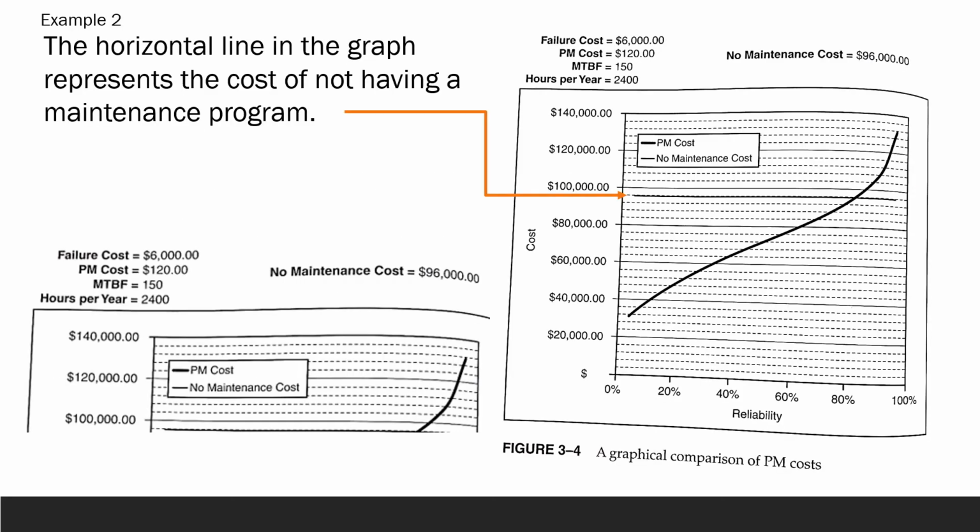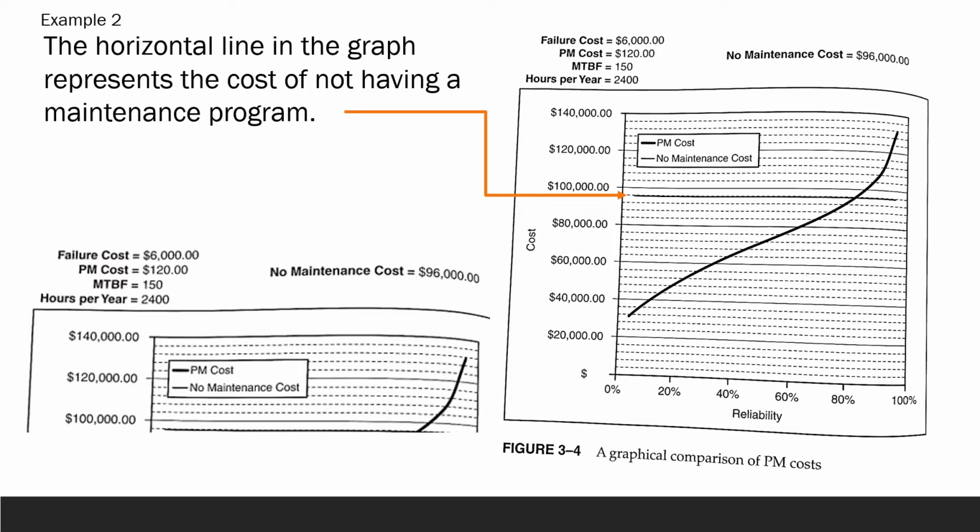So in this example, example 2, every time there is a failure in the system, repairing it is going to cost the company $6,000. But it will cost the company only $120 per preventive maintenance, which is routine pay.